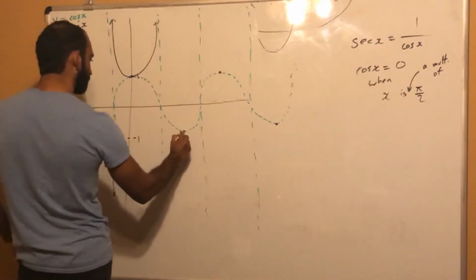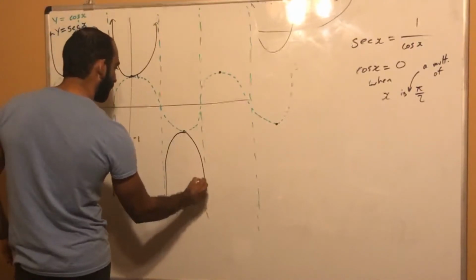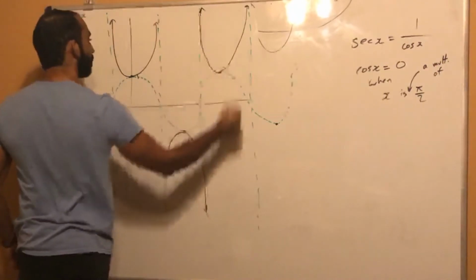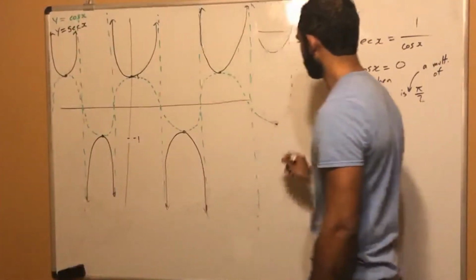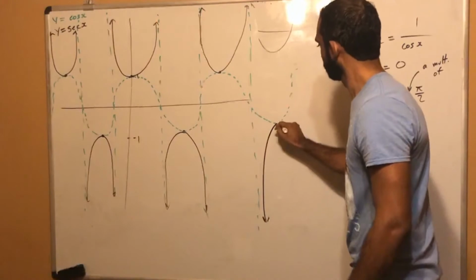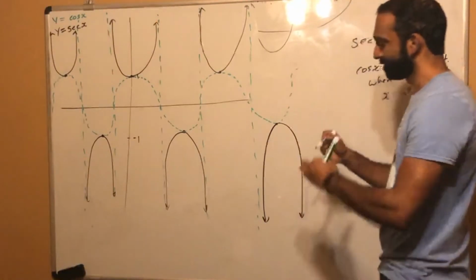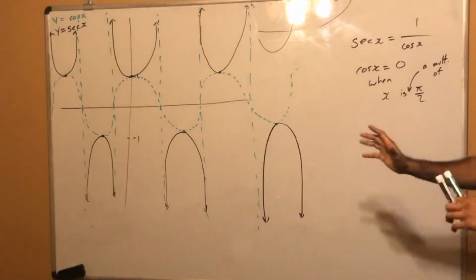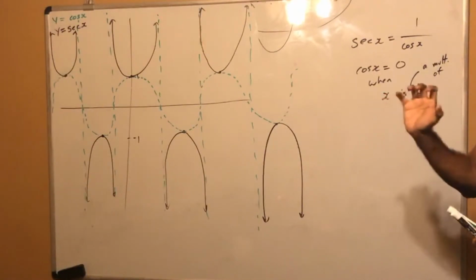So again, this graph is almost exactly like the graph of cosecant, but just shifted pi over 2 to the left or the right. There was some shifting of some kind, and I'll let you compare the graphs to figure out precisely what the shifting amount was.